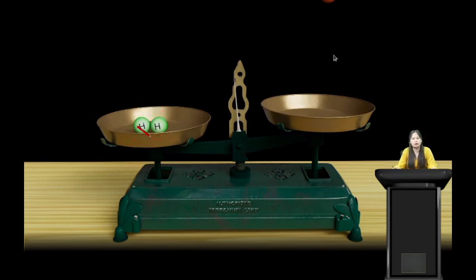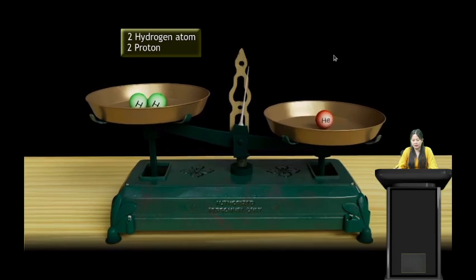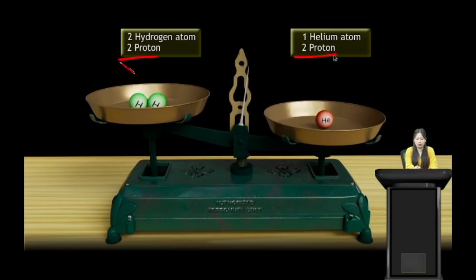Two hydrogen atoms means two protons, because one hydrogen atom has one proton in the nucleus. On the other side, one helium atom also has two protons. But when we look at this weighing scale, we see that helium is heavier than the hydrogen atoms, even though they both contain two protons each.